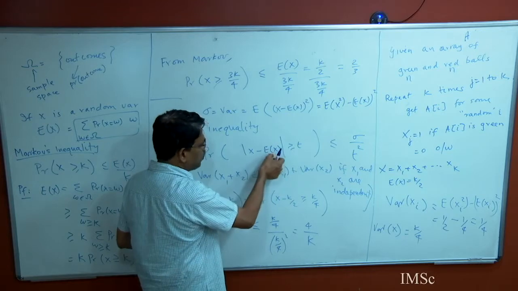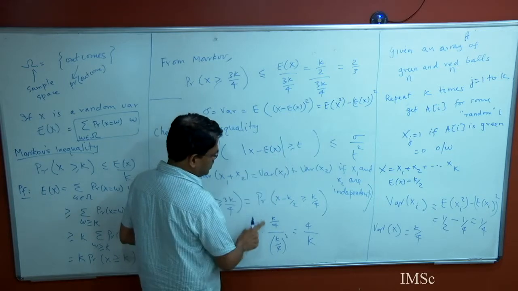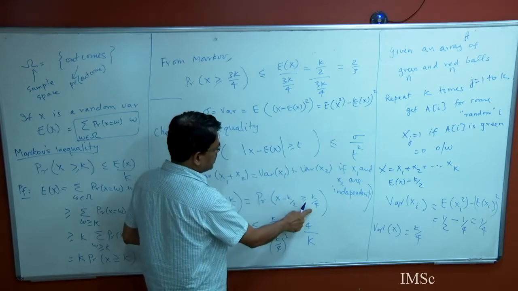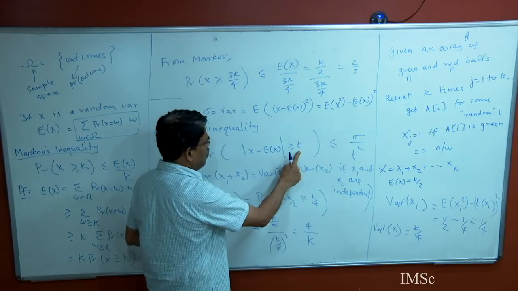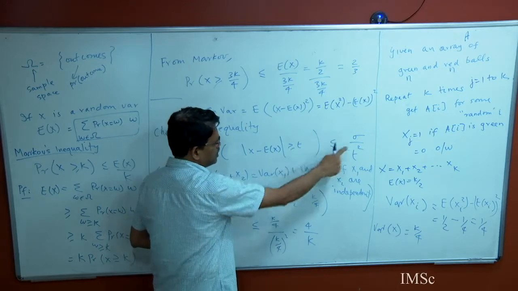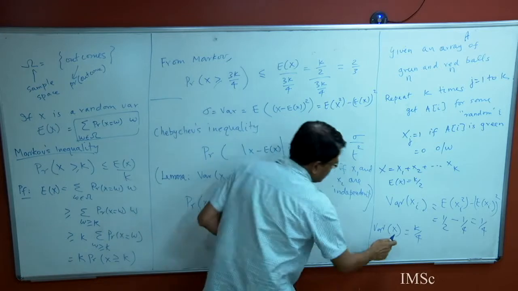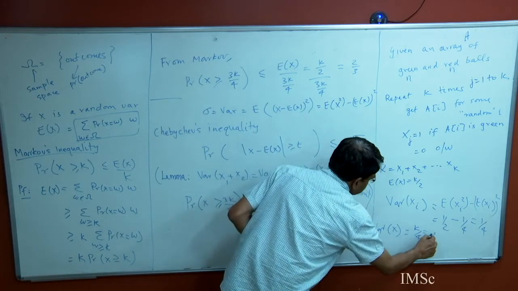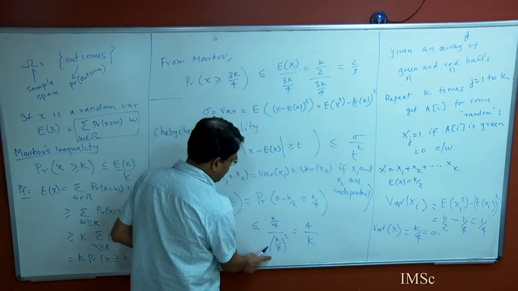K by 2 is the mu. So it's x minus the expectation is greater than or equal to k by 4, which by Chebyshev inequality is at most sigma by t square. This is sigma, k by 4, by k by 4 whole square.